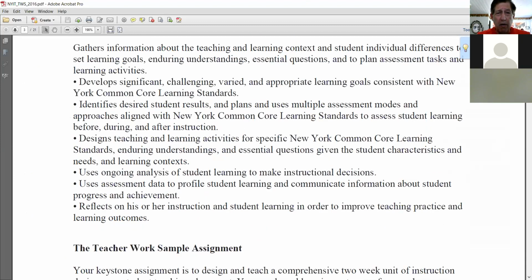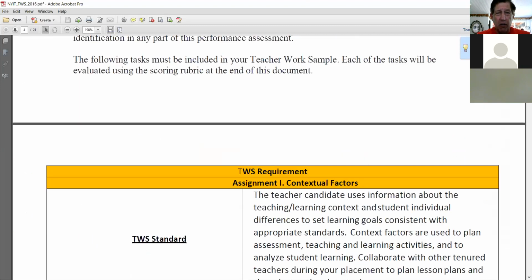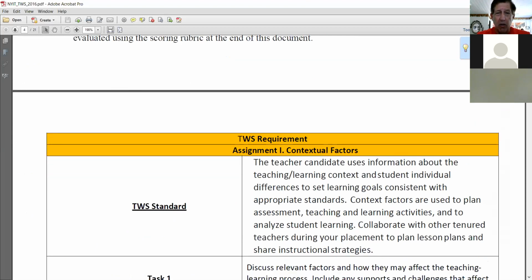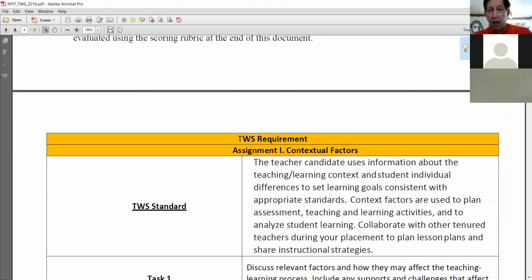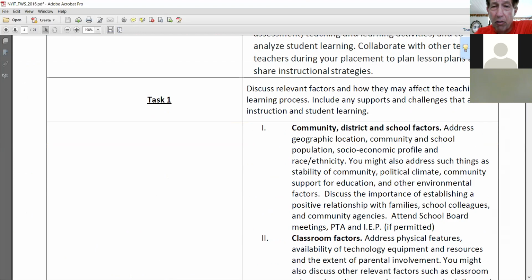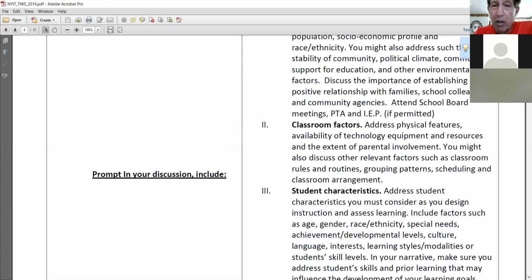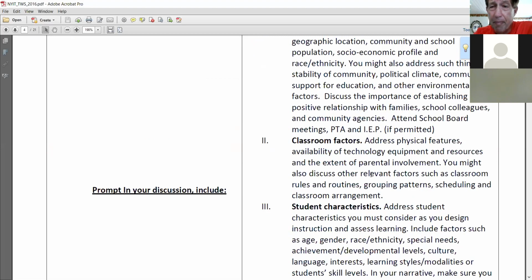So for task 1, and again, I'm looking at the second week, you're going to focus on your classroom and the school and your instructional strategy. So you want to talk about your community, the district, and the school factors, and a lot of the things that you'll do with your diversity report will come into there, and with your classroom factor especially, and student characteristics.